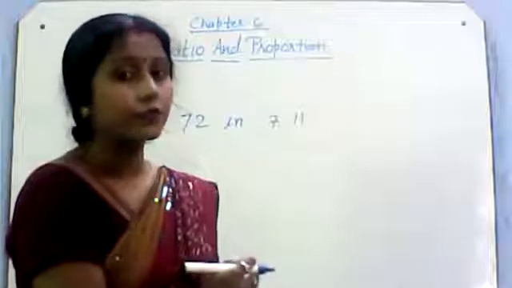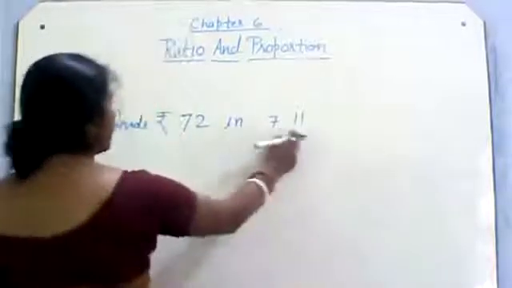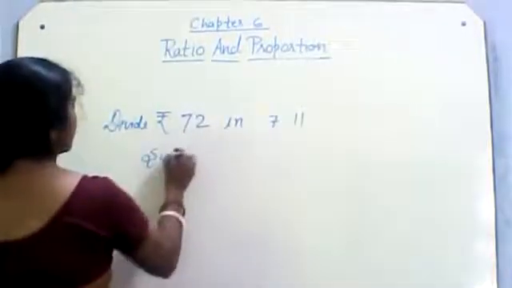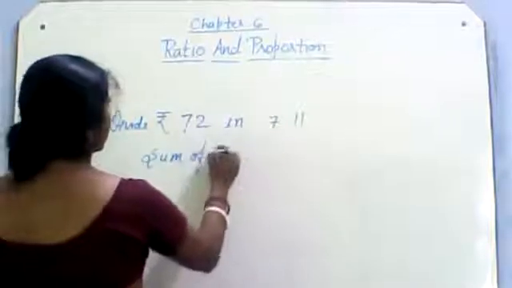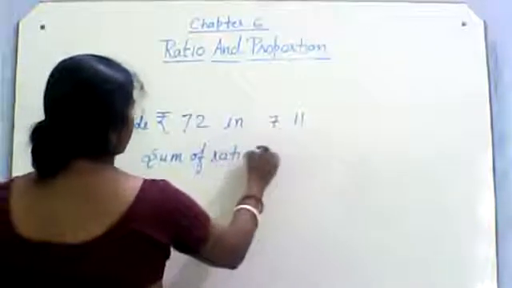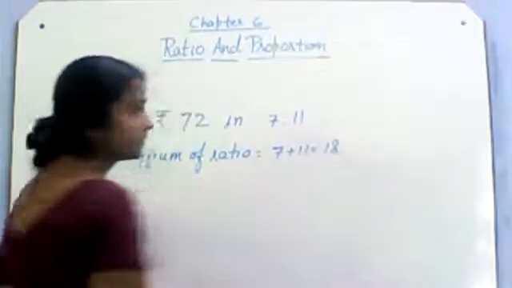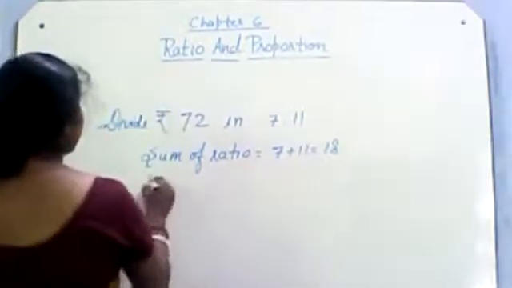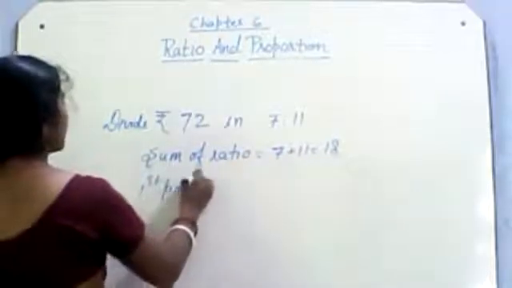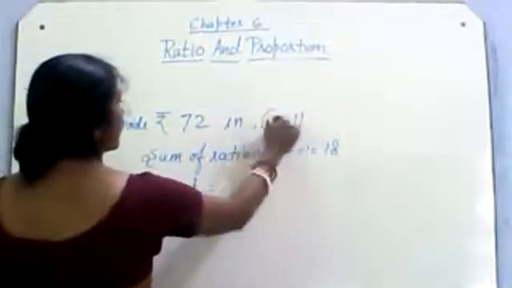Then what you have to do? First of all, you have to find out sum of ratio. That is 7 plus 11 equal to 18. Okay. Then first part, that is 7.